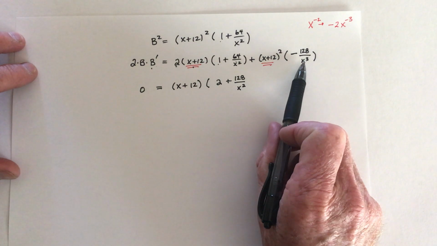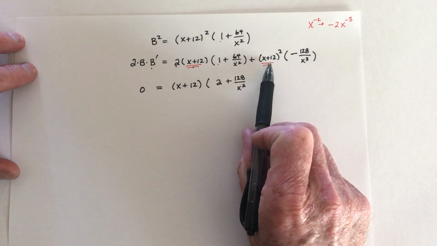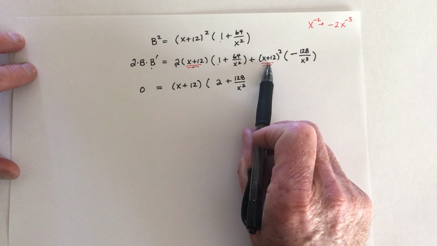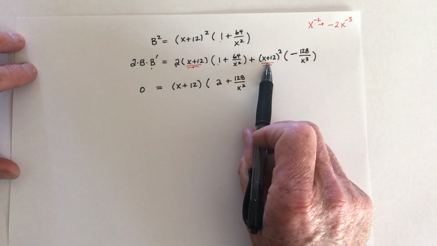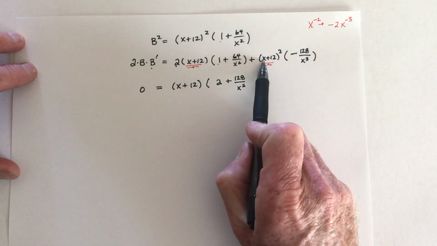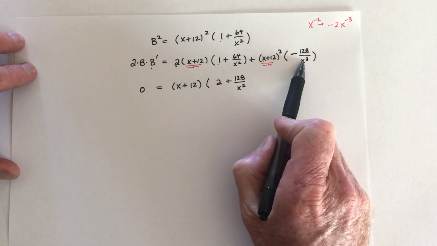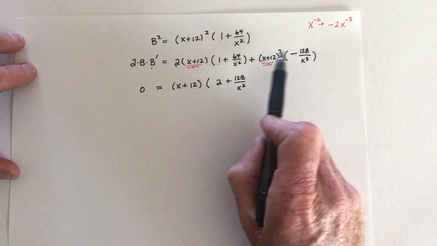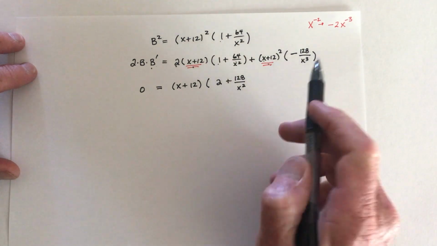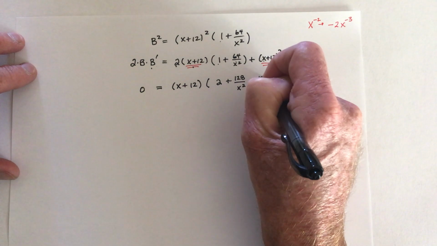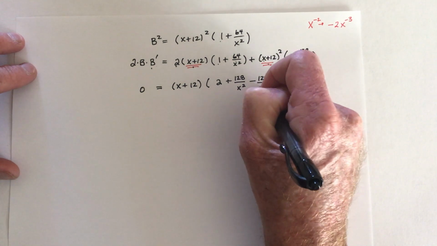Now moving on to this part. So I factored one of these x plus 12s out, but there still is one that remains. So that means I need to do x times this, in which case when I multiply x with this, it's going to cancel one of these x's. It's going to leave negative 128 over x squared.